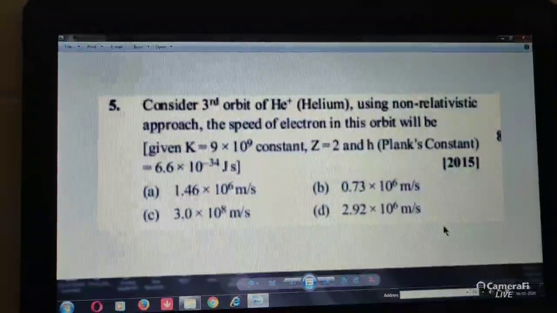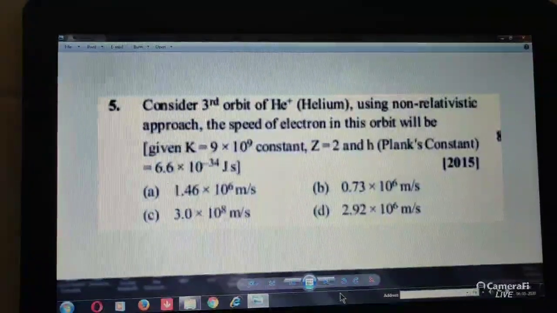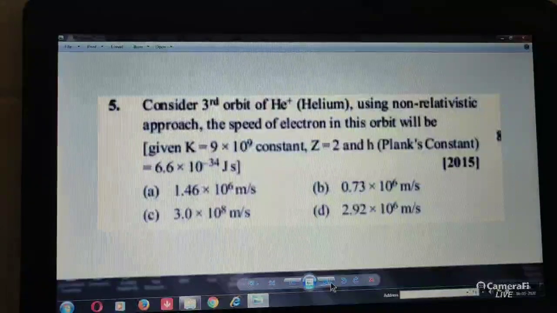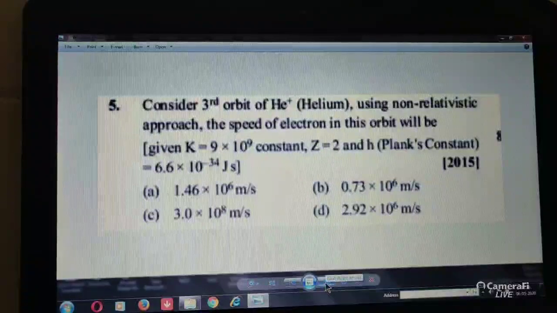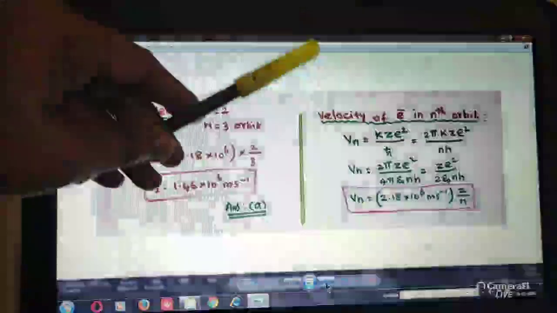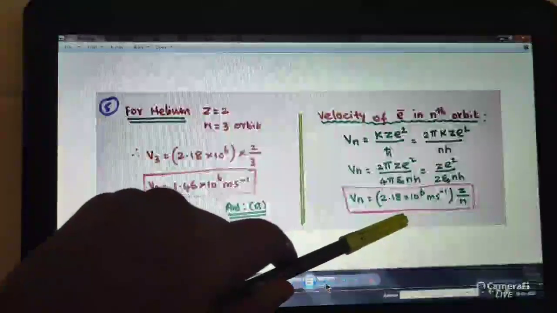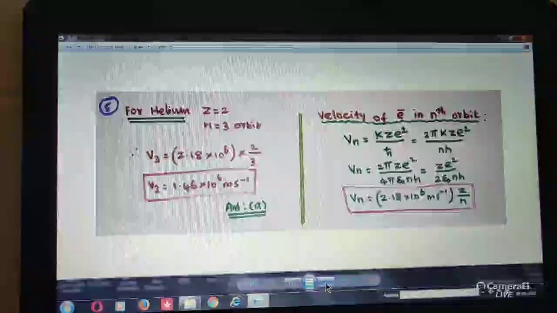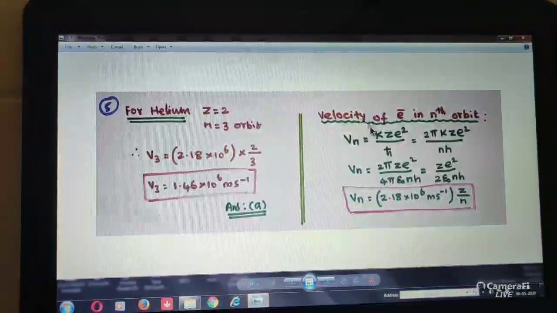So you should know that formula, that is very important. So first I derive this formula, not only for derivation, you can recapitulate. Please listen. On the right side I derive that formula. This is not only for helium, this is common. Whenever they are asking velocity, immediately recapitulate this formula, then apply the values, and within a minute you can find the answer.